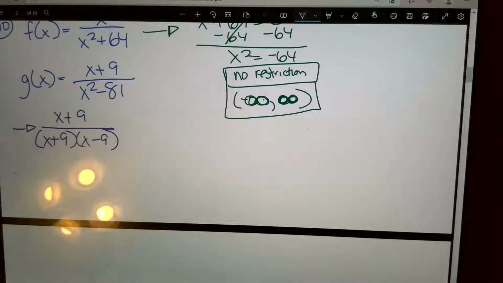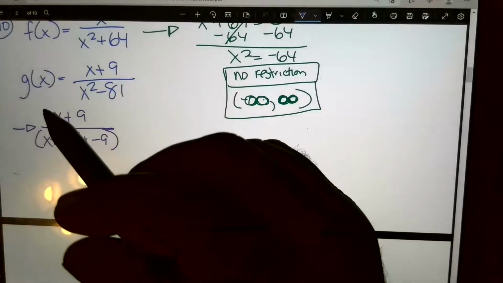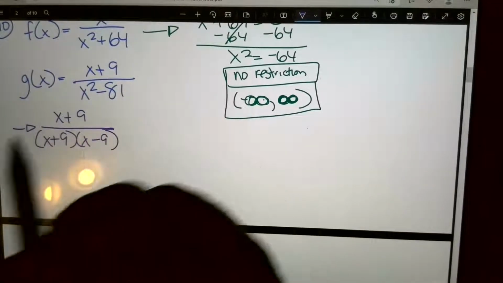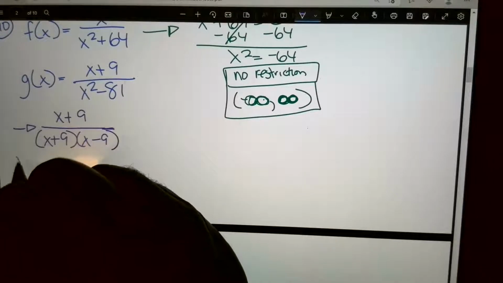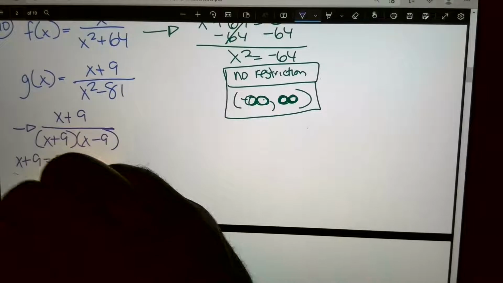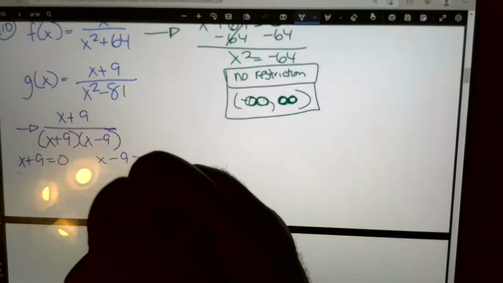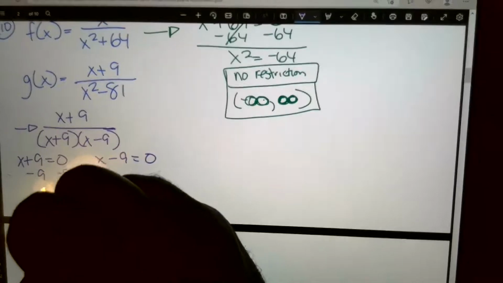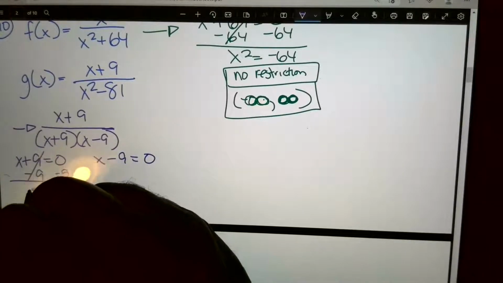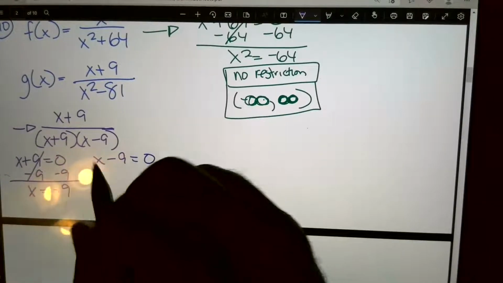All right. So in this case, we see that we have two factors and they cannot equal 0. So we'll say x plus 9 is equal to 0, and x minus 9 is equal to 0. Subtract 9 from this, and we have x is equal to negative 9.